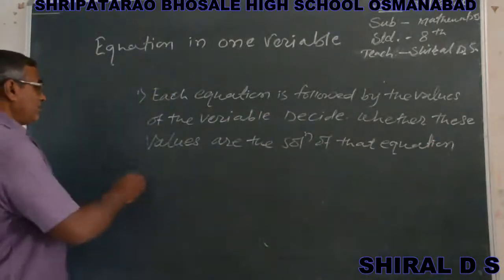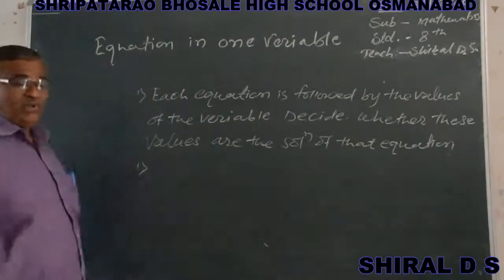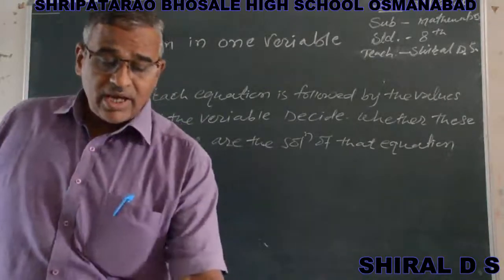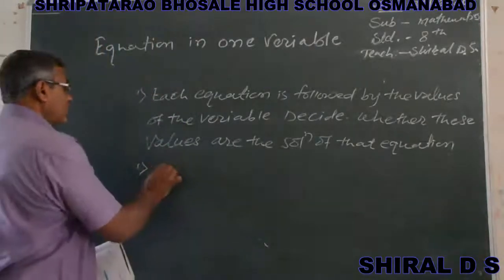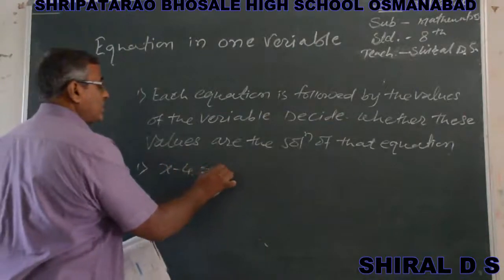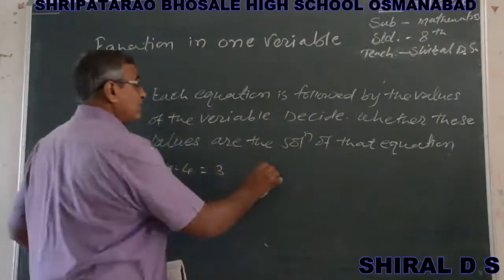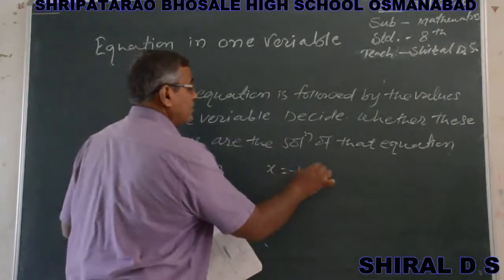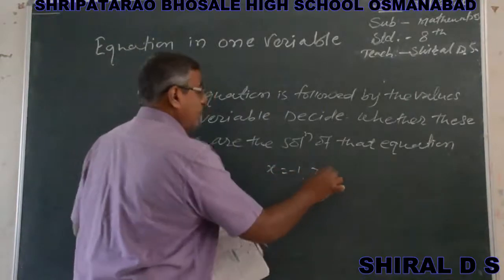And we have given one example. That example is x minus 4 is equal to 3, and x is equal to, we have given here, minus 1, 7 and minus 7.